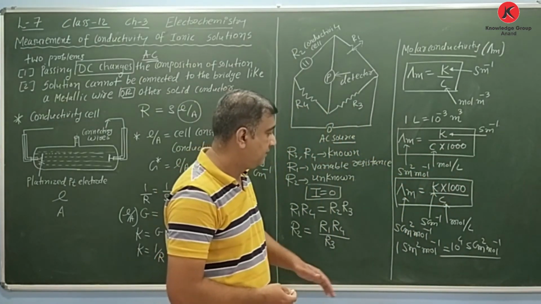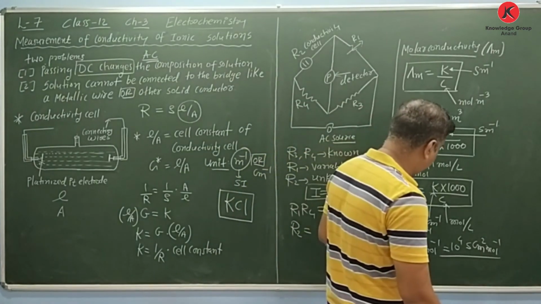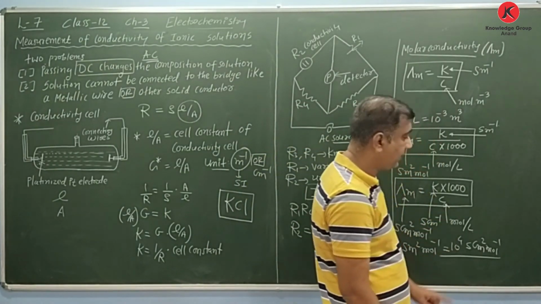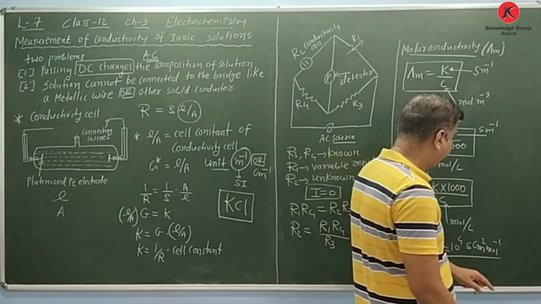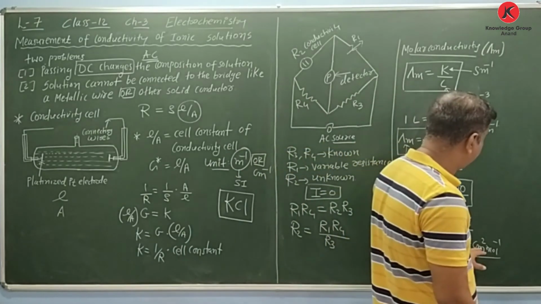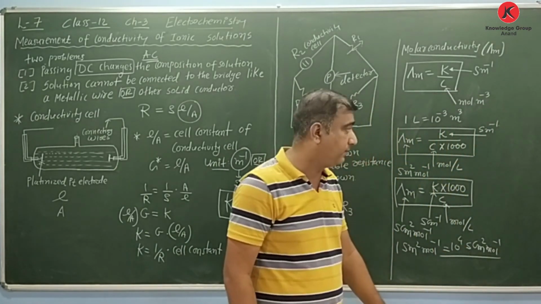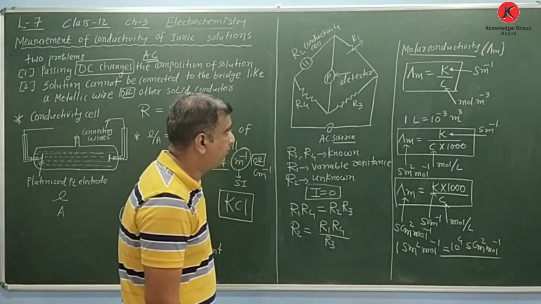So if the molar conductivity is given in Siemens meter square mole inverse, multiply by 10 power 4, and it will be converted into Siemens centimeter square mole inverse.